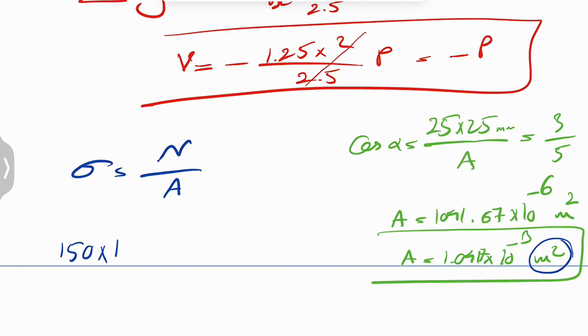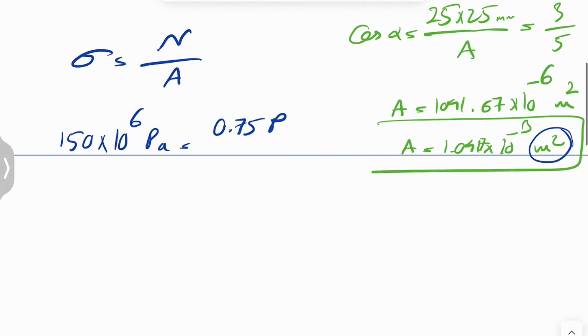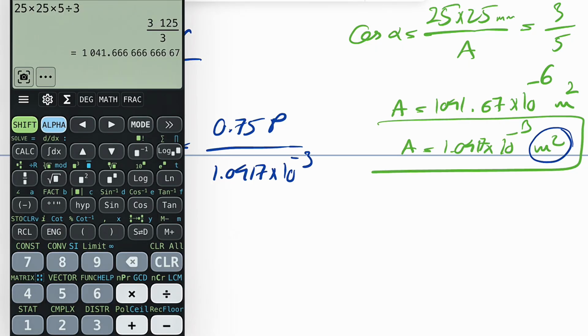So 150 for the average normal stress times 10 to the 6 because it's mega, and N is 0.75 P, and we're going to have the same area, 1.0417 times 10 to the minus 3. So the P that we get in here is 150 times 10 to the 6 times 1.0417 times 10 to the minus 3 divided by 0.75.